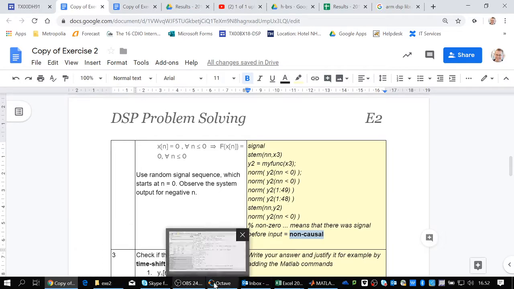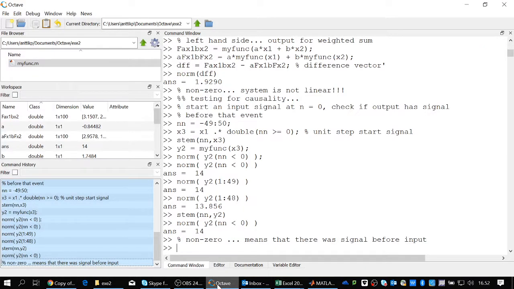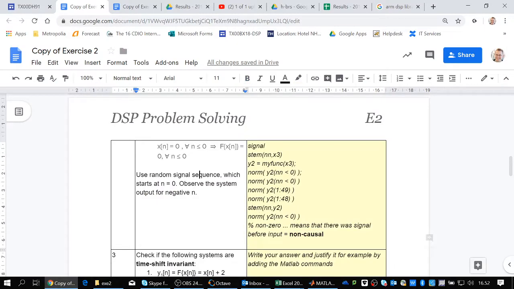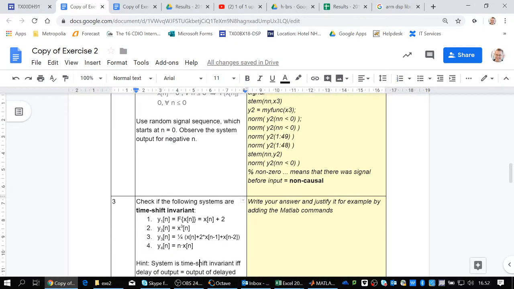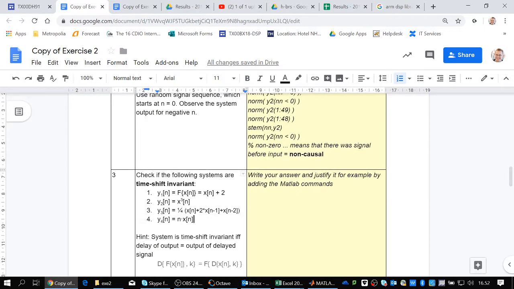Okay, so next part. Time shift invariance. We delay the signal. We use the same signal, but we delay it a little bit and then see if the output is exactly the same except for the delay part.